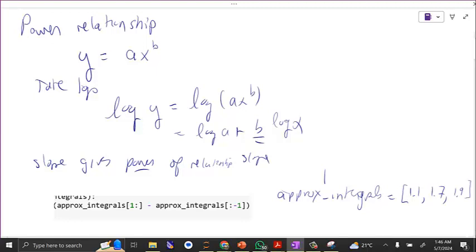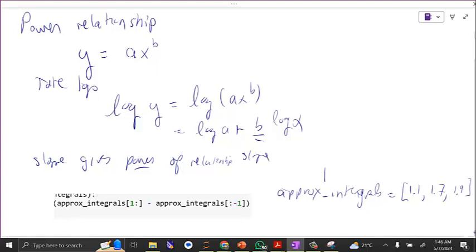So then approx integrals of 1 colon, well, that means I'm starting at the second entry. So that's going to be equal to 1.7, 1.9.